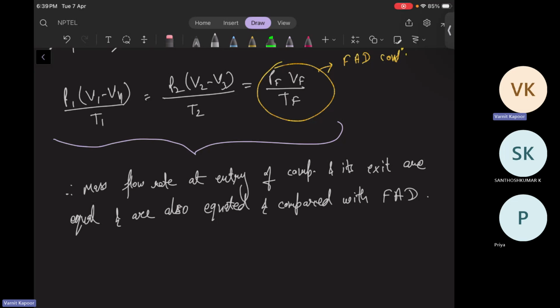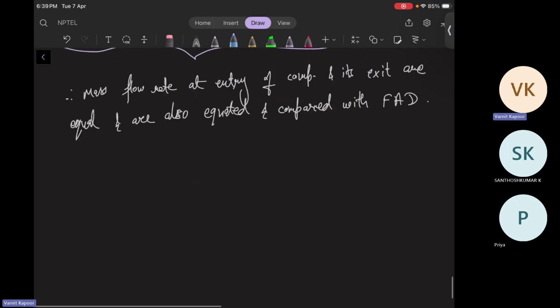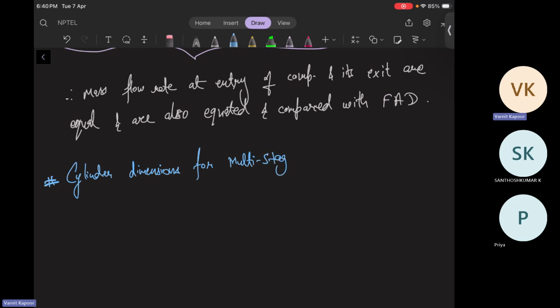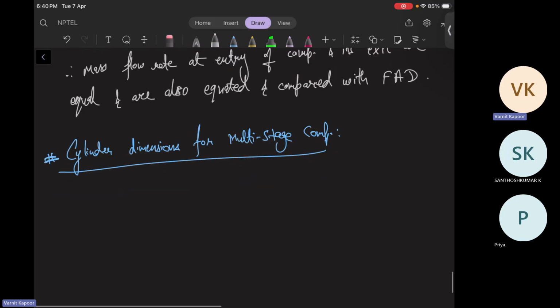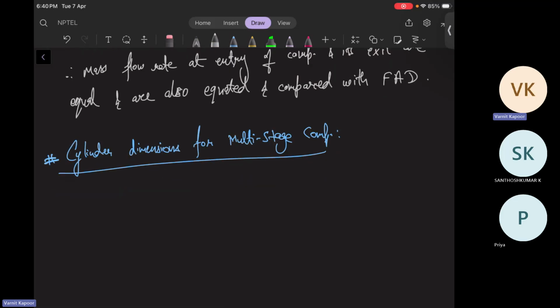Now, how do we get the cylinder dimensions for the multi-stage compressor? What should be the dimension of the cylinder of that compressor? Let us see. Cylinder dimensions for a multi-stage compressor. Again, I am saying that the mass flow rate will be the same across all the cylinders.